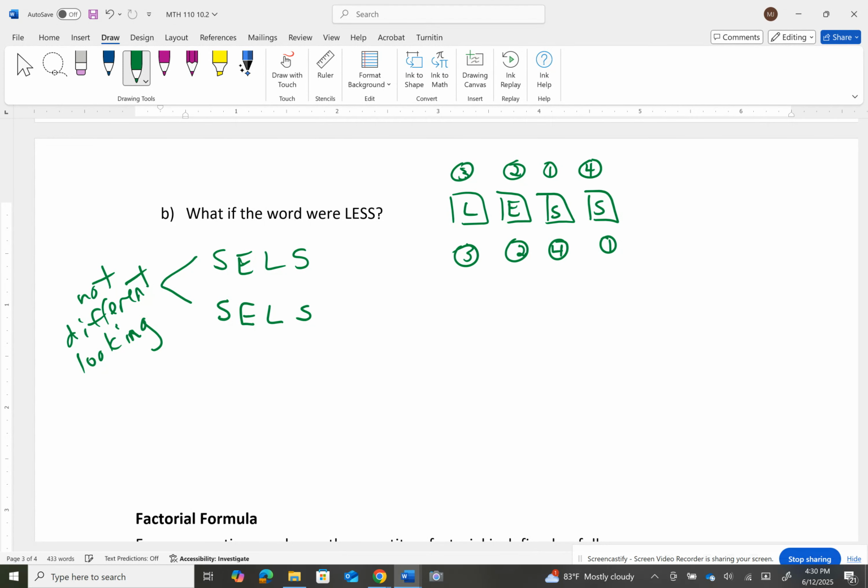So even though these S's were different, you can't see the difference because they're physically the same thing. And so these would not be considered different. They're not different looking, and they're not considered different arrangements, okay? The problem is the word "less" has lookalikes.